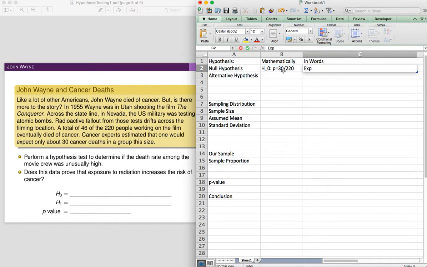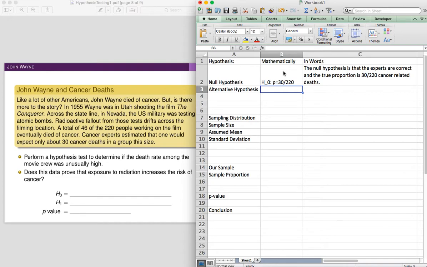So in words, the null hypothesis is that the experts are correct and the true proportion is 30 out of 220 cancer-related deaths.